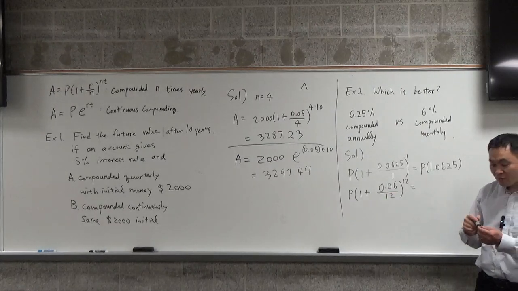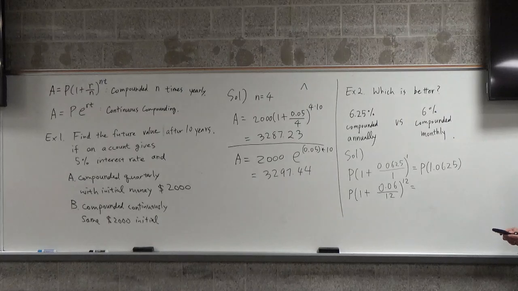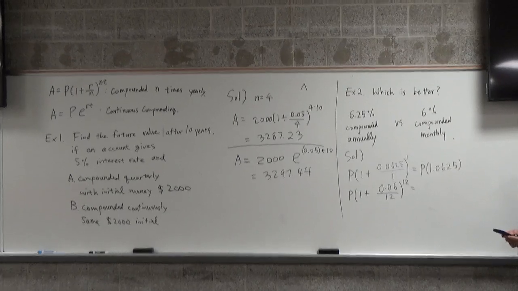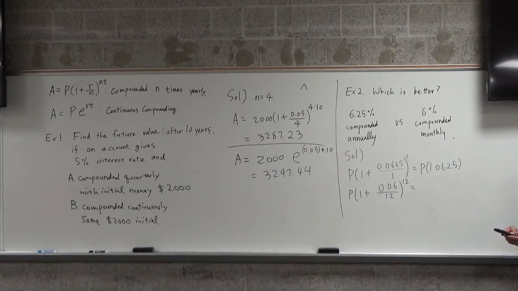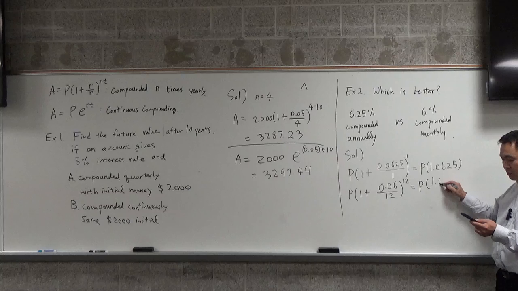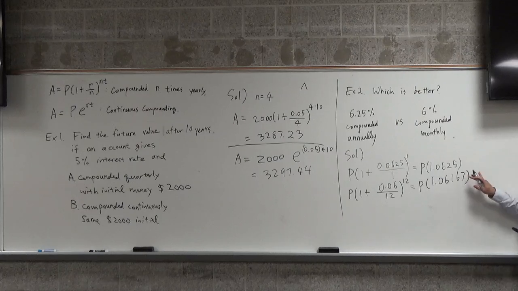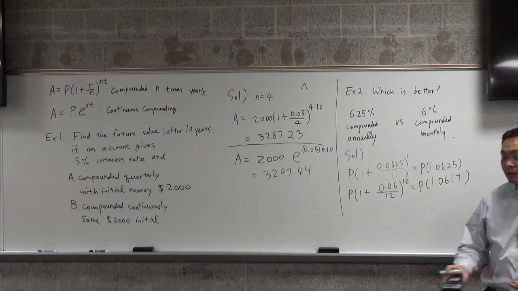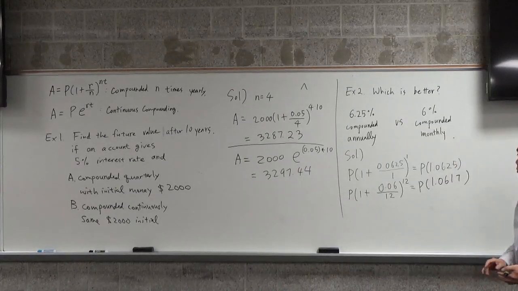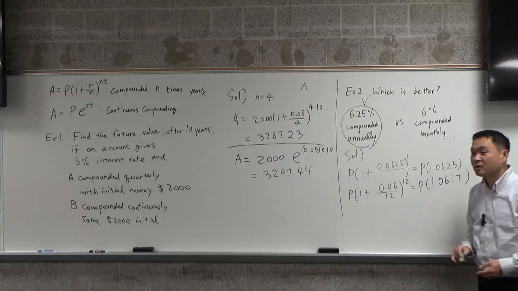Let's do that with the calculator. 1.005 to the power of 12, you get P times 1.0617. So effectively 617 or something. So which one's better? The first one wins. So the answer is this.